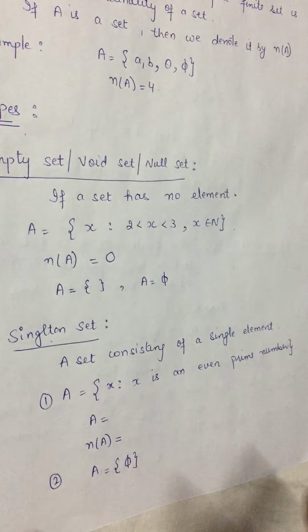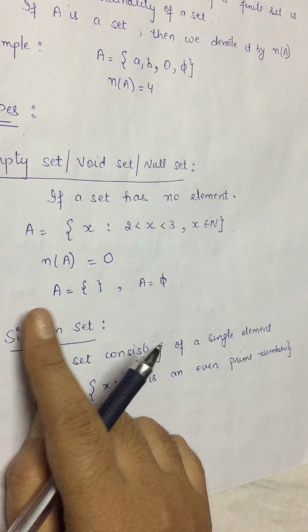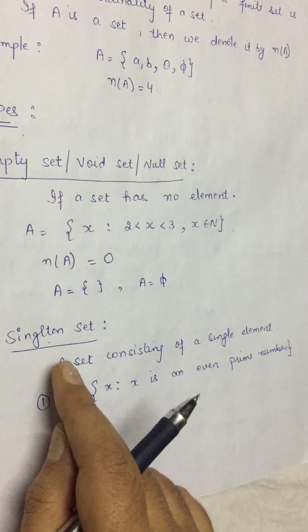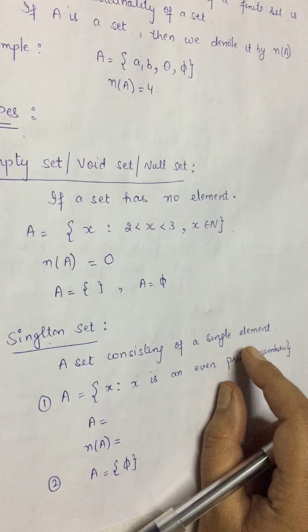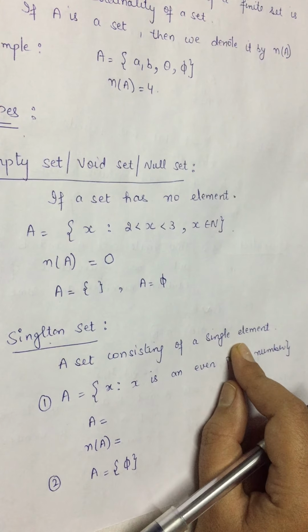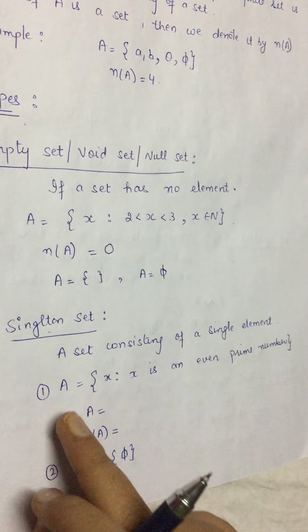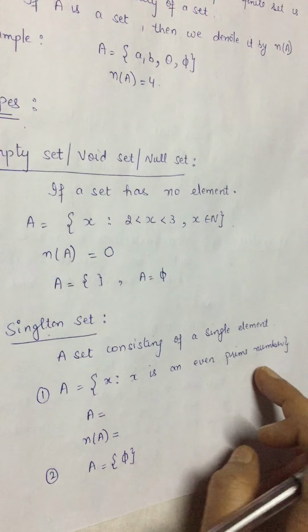So we move to the next type, that is a singleton set. We can give the definition with the name: a set consisting of a single element. So if a set has only one element, then it is a singleton set. Here is one example: A is equal to {x such that x is an even prime number}.